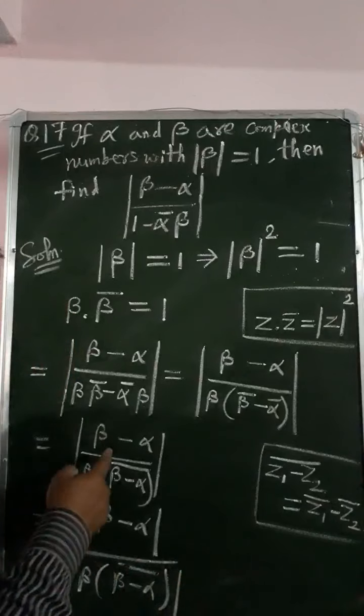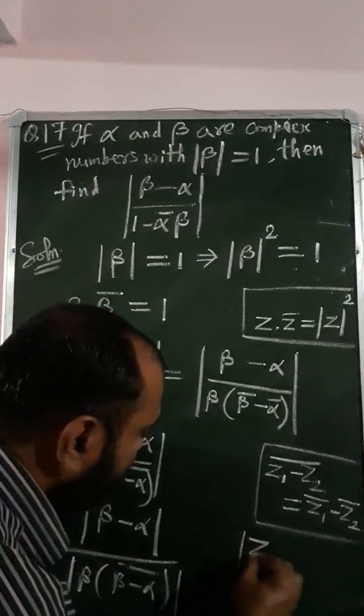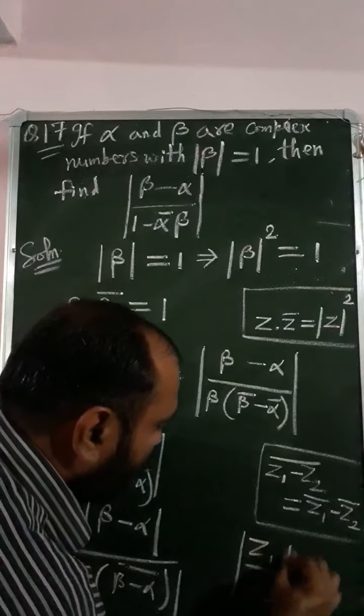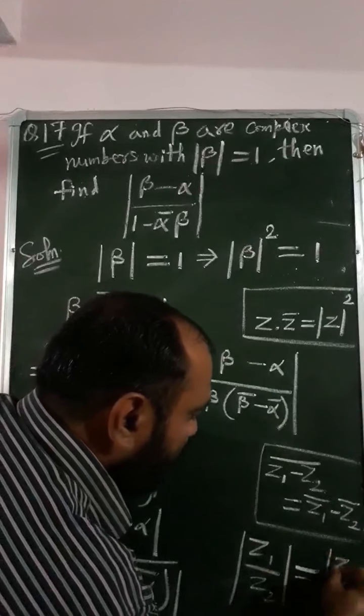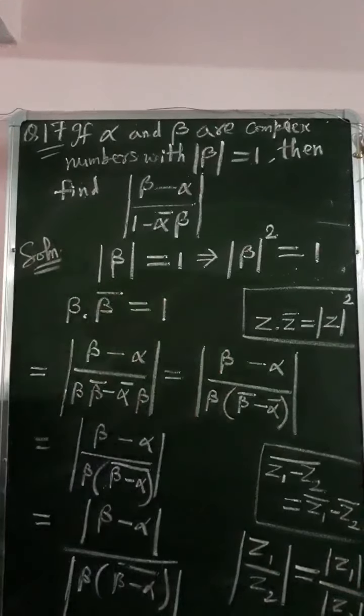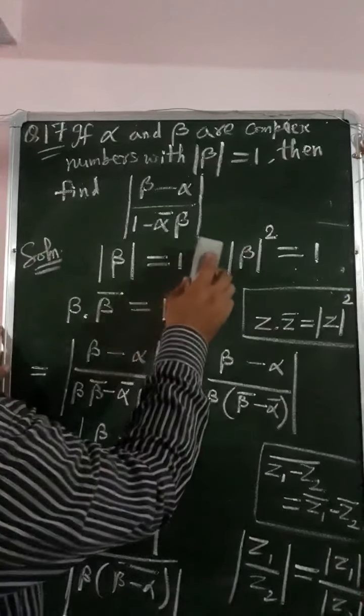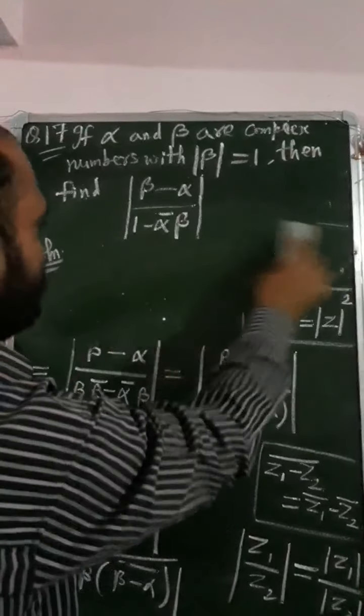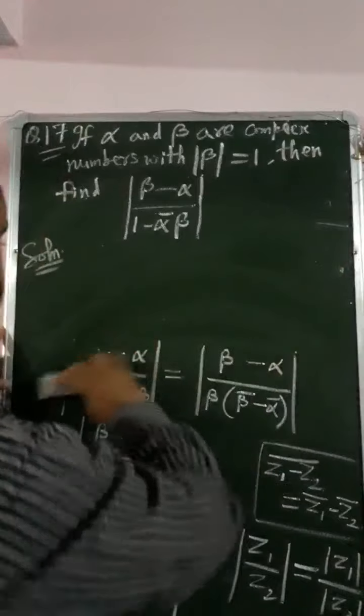Try to understand. I am using the property here, z1 over z2 mod is equal to z1 mod over z2 mod, right? Now we get, its next step is this and this will be cancelled out. Why? Before cancelling it, I am writing it here.